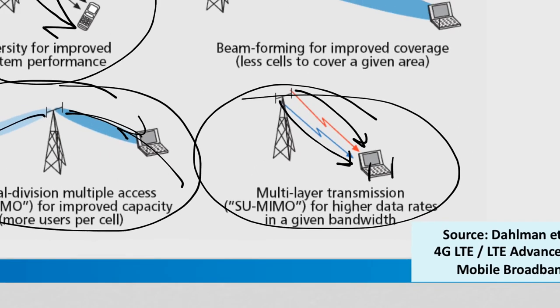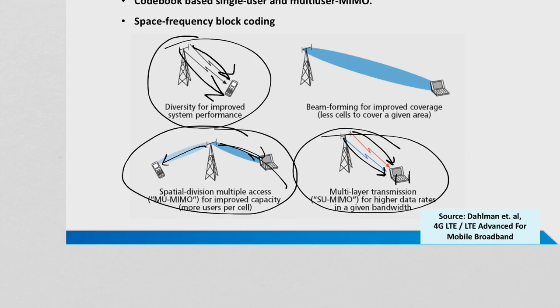So in trying to decide when to use the diversity mode versus when to use multiplexing mode, you want to use diversity mode when the channel conditions are poor, and then diversity gives you multiple opportunities to get the signal to the receiver. On the other hand, if you have a good channel, then use the multiplexing mode, because with the multiplexing mode now, you can take advantage of that good channel and actually use that as a way to increase the data rate.